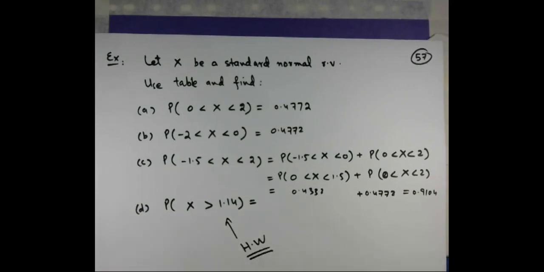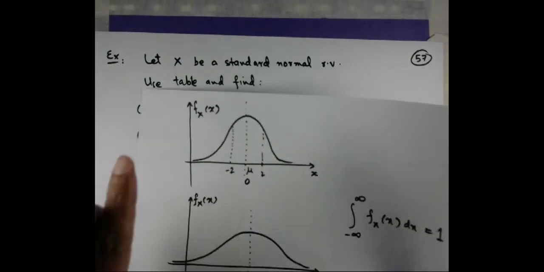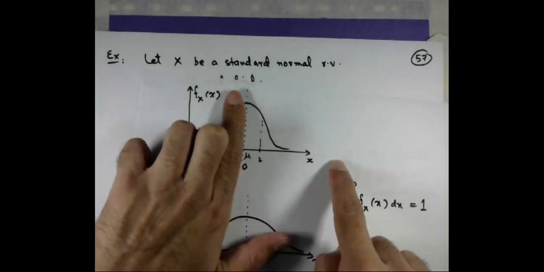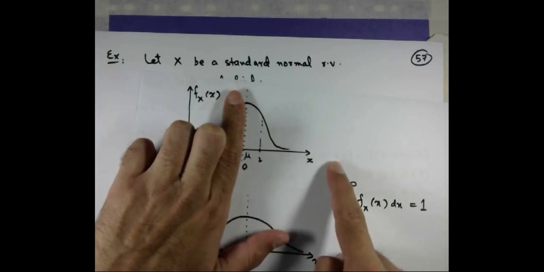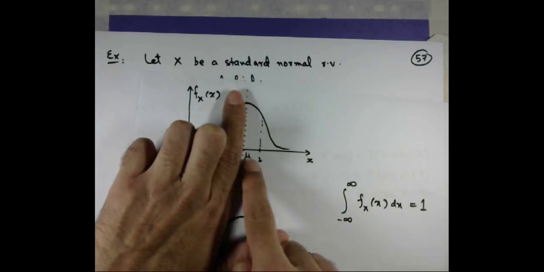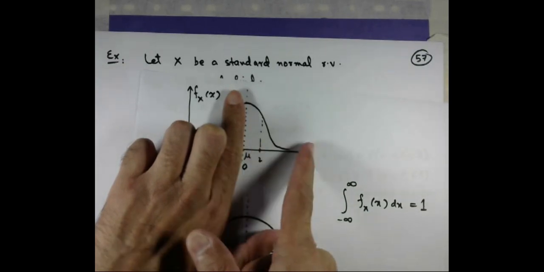I leave this part as homework. Please note that it is asking for the probability greater than 1.14, and you know the total probability from 0 till infinity under a standard Gaussian distribution is 0.5. So what about the total probability from 1.14 onwards?